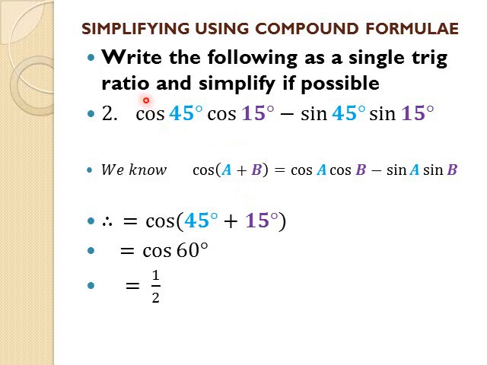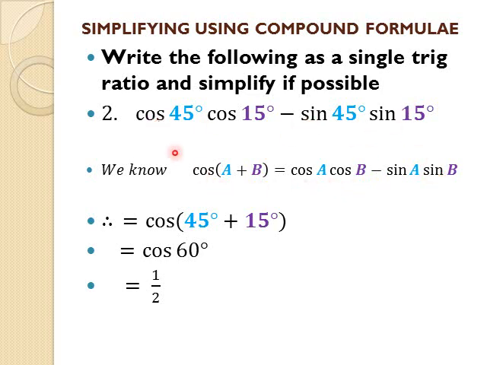Alright, problem number 2. It gave me cos, sine, sine, and the angles are the same: 45, 15 and 45, 15. So we should know cos (A plus B) equals cos A cos B minus sin A sin B. You can see the angles correspond.